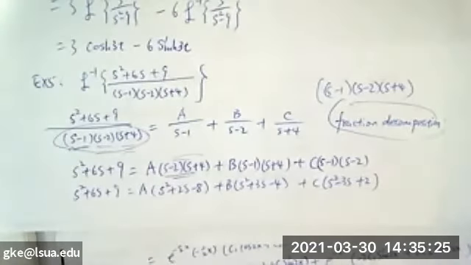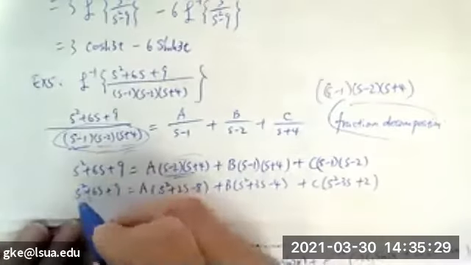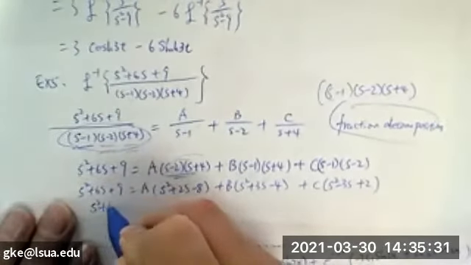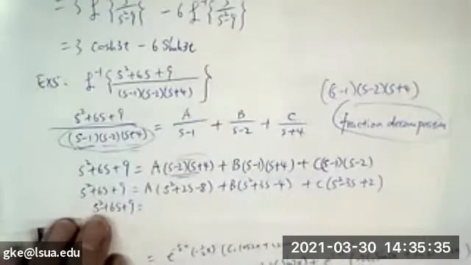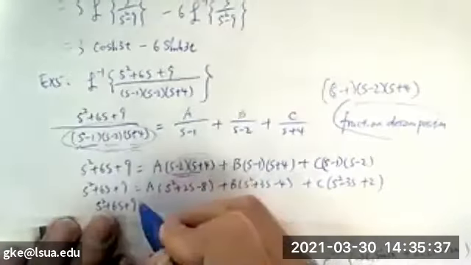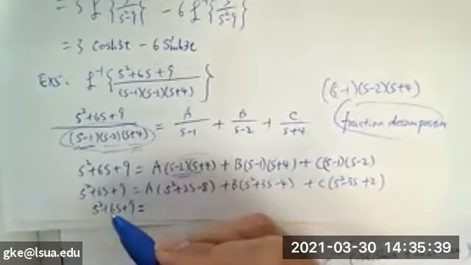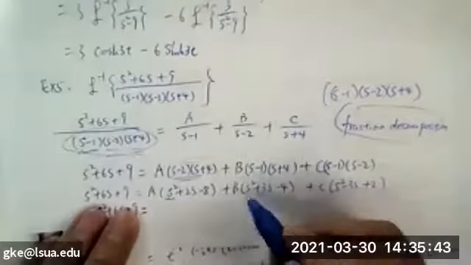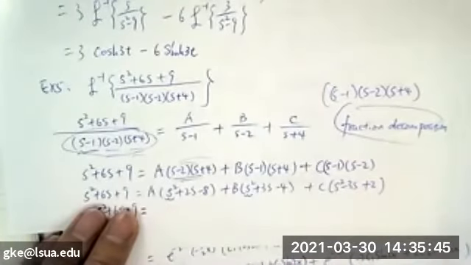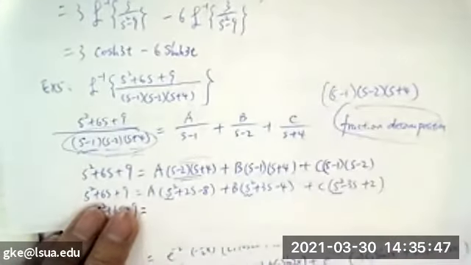And then we try to combine the coefficient. Okay, the coefficient. For example, for this guy, for s squared, what is the coefficient for s squared?